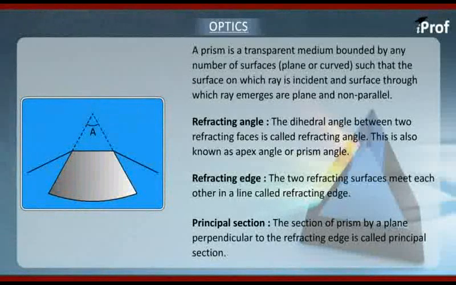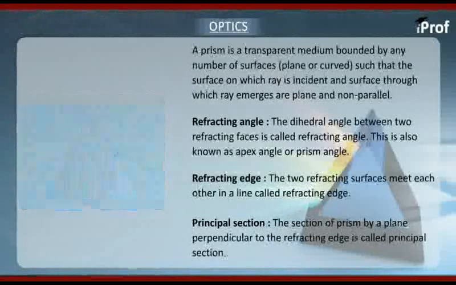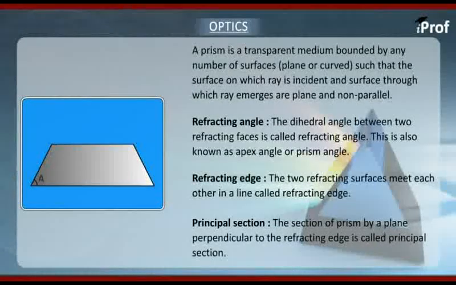So the figure shown on the screen gives you different kinds of prism. Even a glass slab can be looked upon as prism if two adjacent sides are refracting surfaces. It is very clear that the angle between them is 90 degrees.